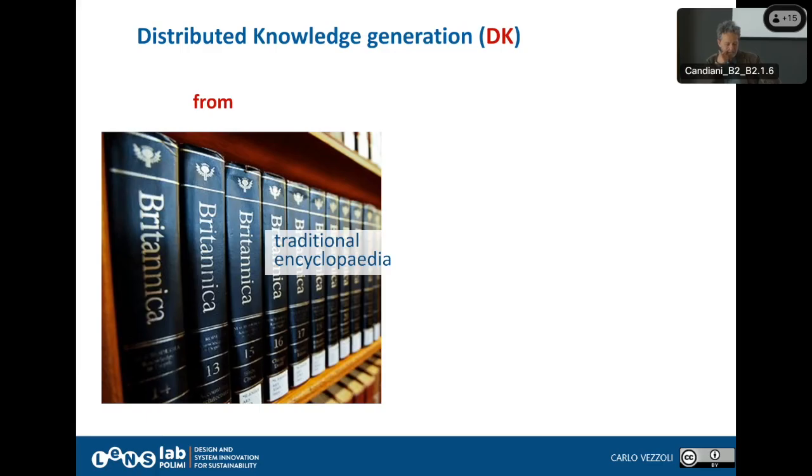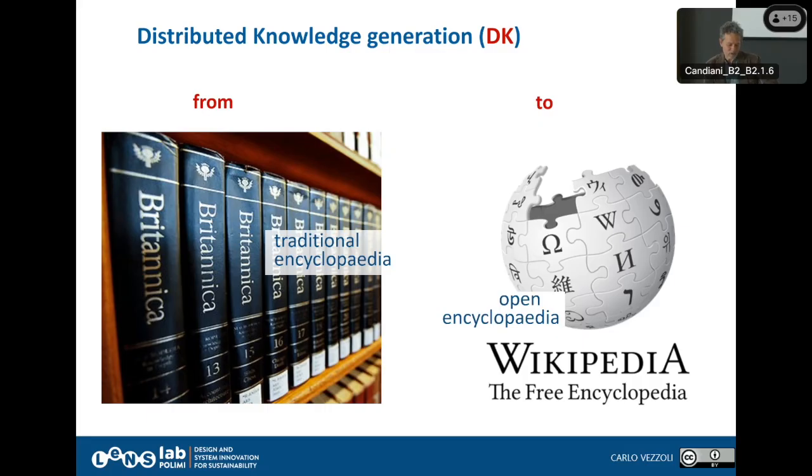Even knowledge could be distributed in terms of generation. We are not using that much traditional encyclopedias anymore, but indeed we are using Wikipedia, or now with artificial intelligence we are using even something else, but Wikipedia is built by different persons, differently from artificial intelligence, by different persons, experts, that give contributions.